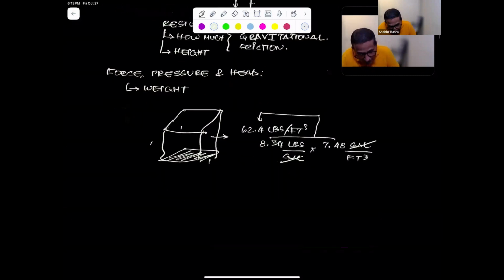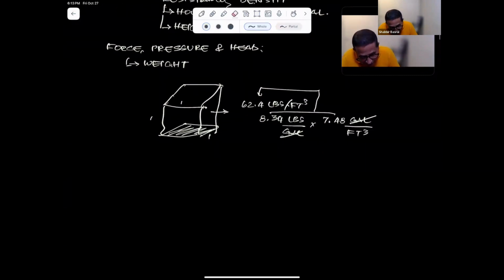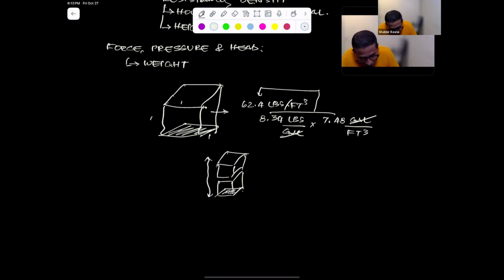Agree? So hypothetically, if I have two such cubes stacked on top of each other, right? The force that is going to act at the bottom is going to be, this height of water is going to be 2 feet, correct? 1 foot each.